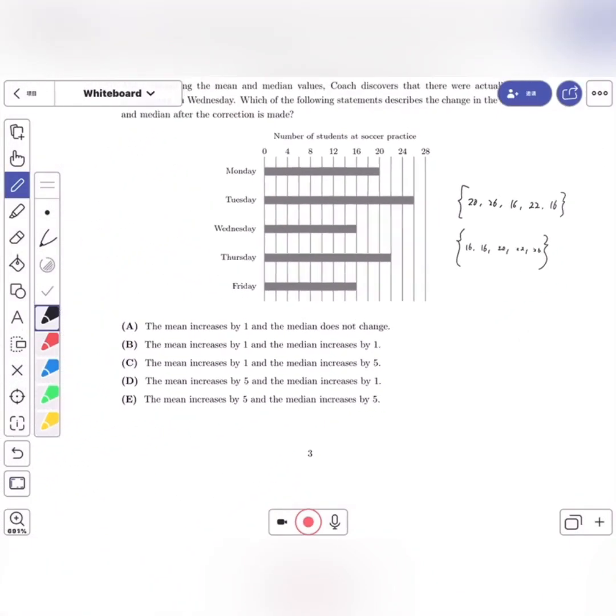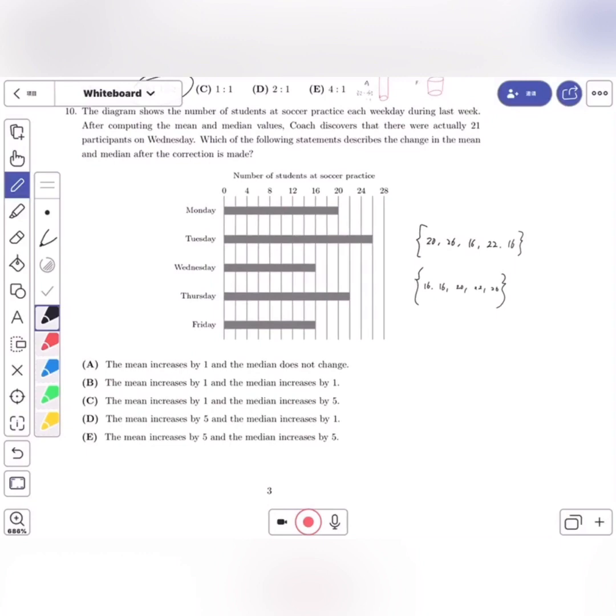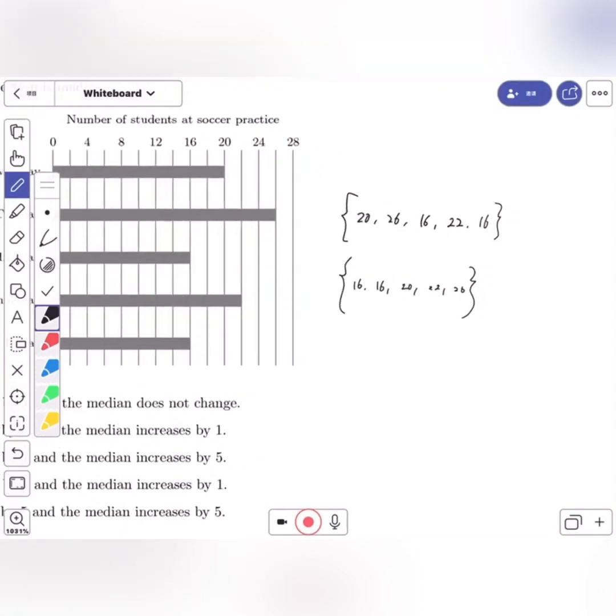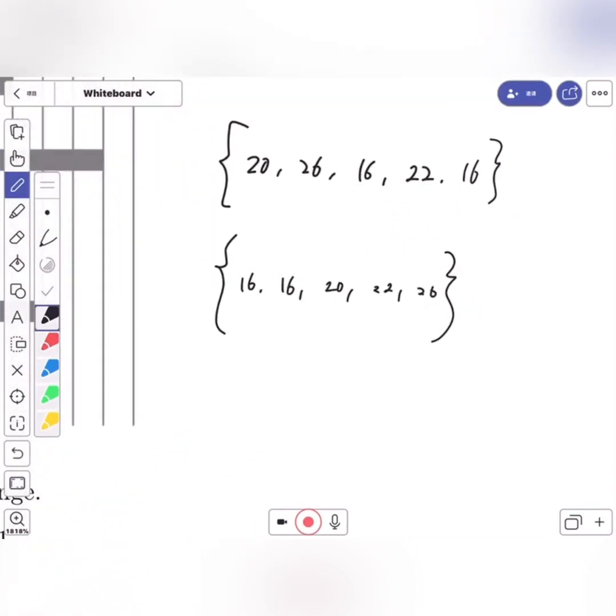So now, there are actually 21 participants on Wednesday. So basically, one of the 16 is gonna be replaced to be 21.